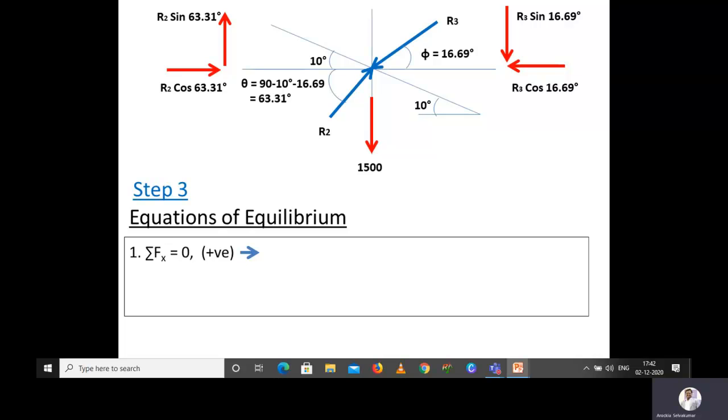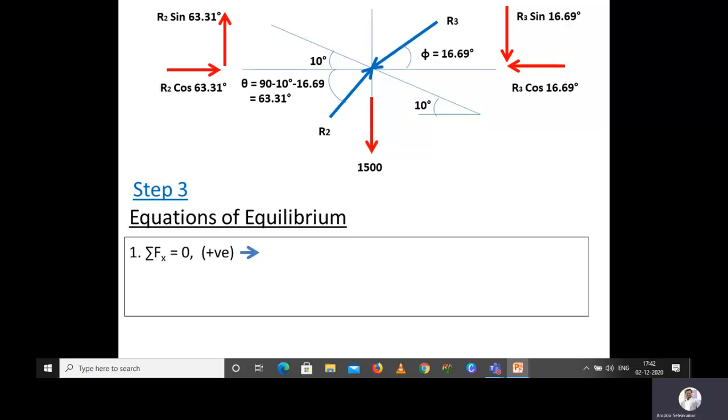If you see, R3 cos 16.69 is acting towards left, and R2 cos 63.31 is acting towards right. So R3 cos 16.69 is acting towards left, so as per our assumption it will have a negative sign, and R2 cos 63.31 is acting towards right, so it will be positive.